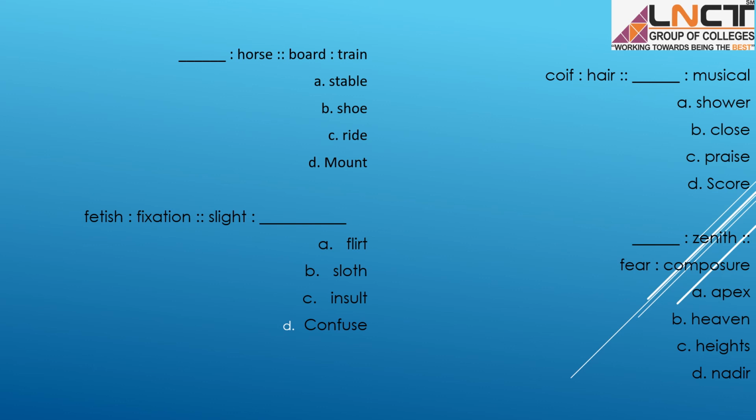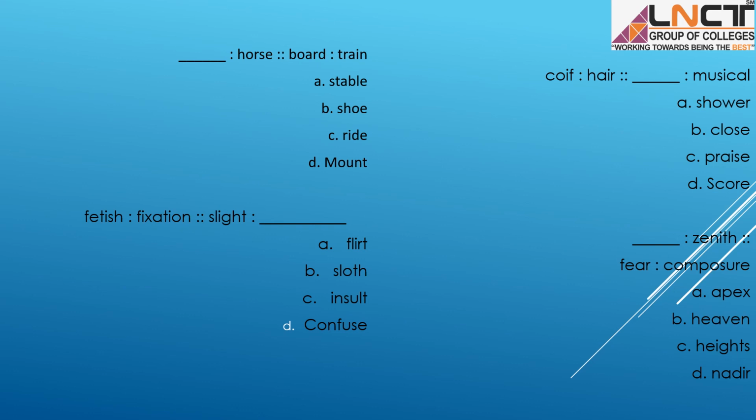You are able to maintain your cool in all kinds of circumstances, and then we say that you have a lot of composure, or you don't lose your composure when you are in tension or under pressure. So fear is actually a lack of composure. When you are afraid, you start panicking and you lose your composure.